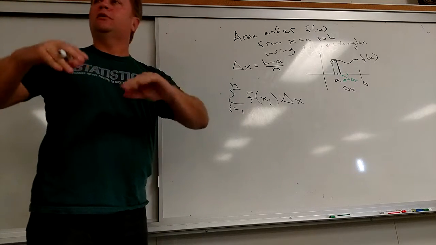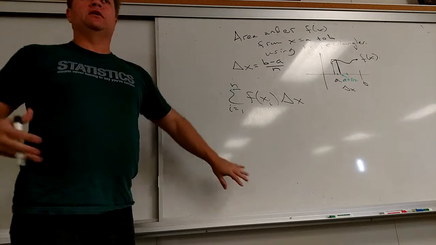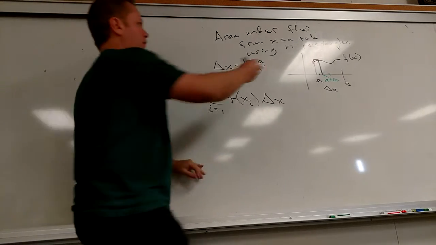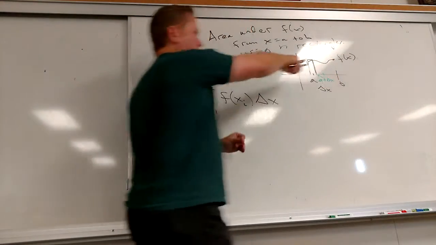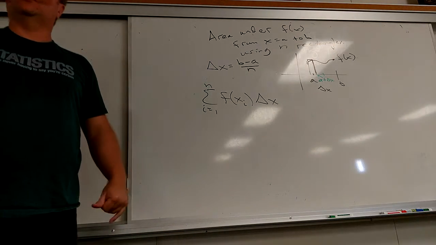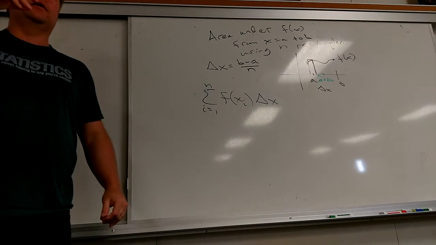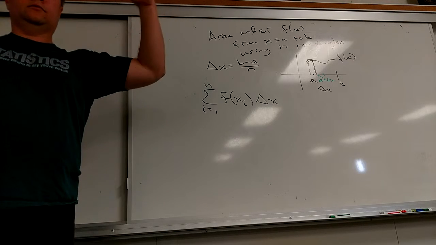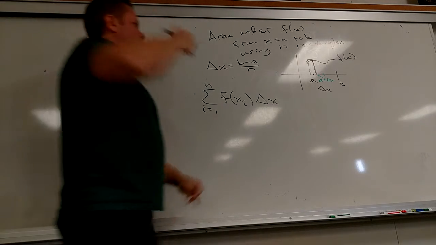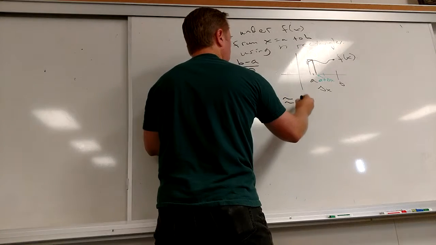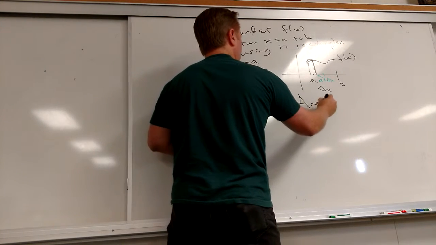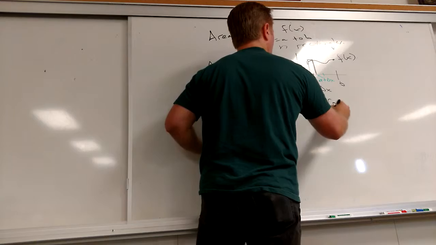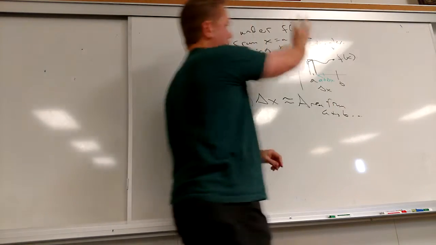Not a number. What's the idea? If I add up the area of every rectangle I can create doing this process, it gives me a feel for what? The area under the curve from A to B. I like it, right? So this right here is approximately the area from A to B under that curve.